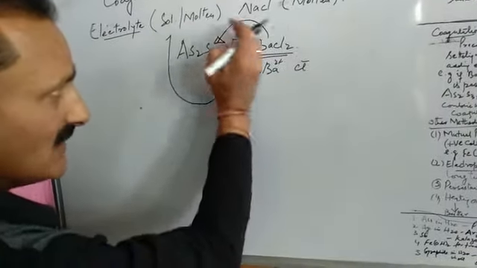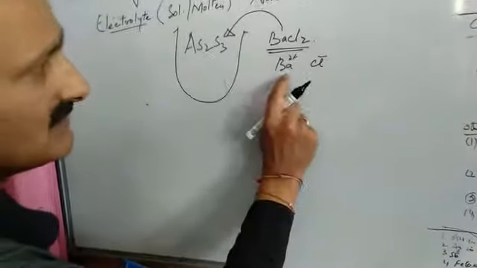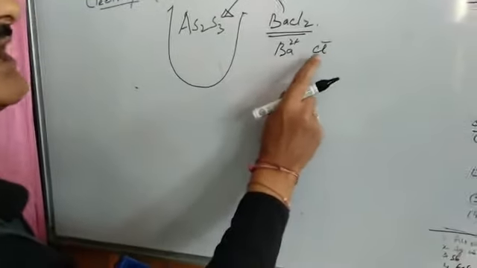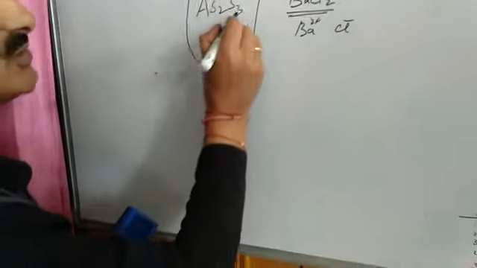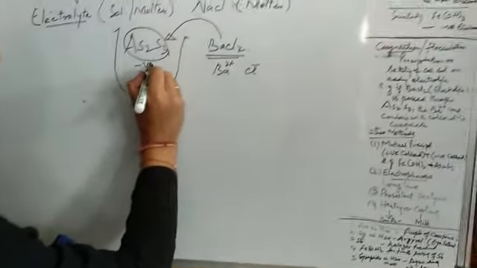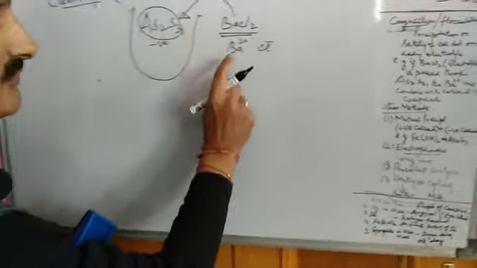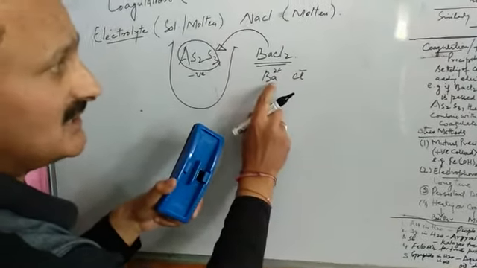When the electrolyte is added to the colloid, what happens? One of these ions, whether positive or negative, depending upon the charge of the colloid. We know arsenous sulfide is a negatively charged colloid. So which ion should combine with it? The oppositely charged. Which is the oppositely charged ion? Barium.